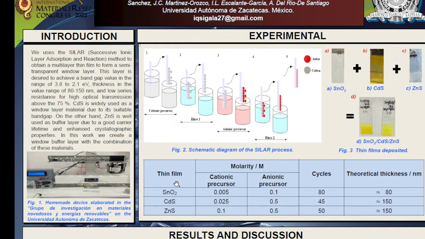The molarity of the cationic precursor and anionic precursor is shown in the table, with 80 cycles for the tin oxide, 45 cycles for the cadmium sulfide, and 50 cycles for the zinc sulfide, to achieve a theoretical thickness of approximately 80, 150, and 150 nanometers respectively for the thin films.